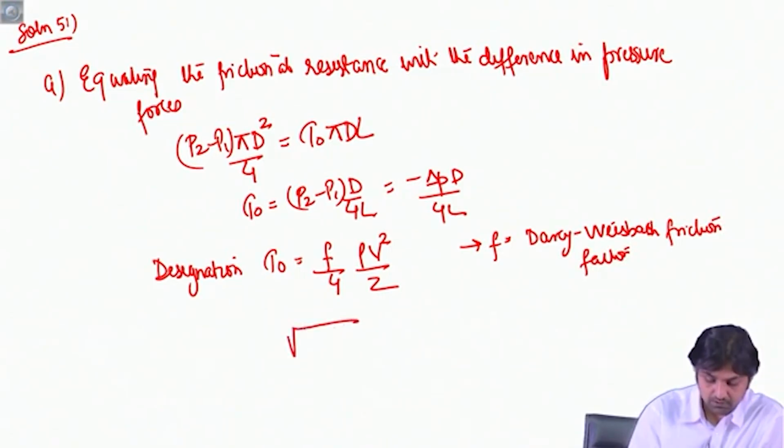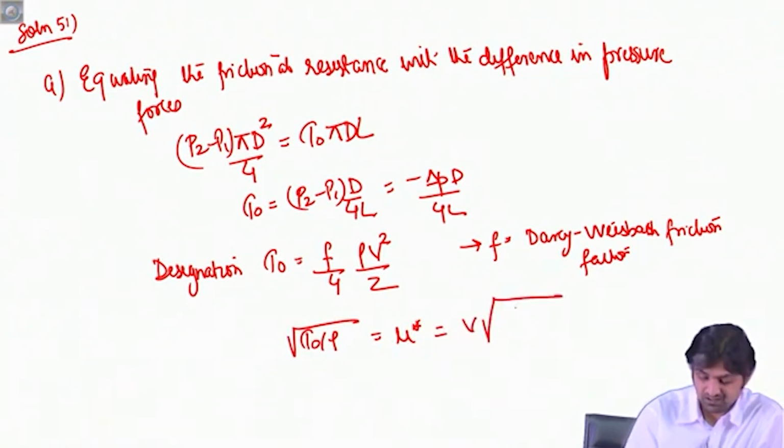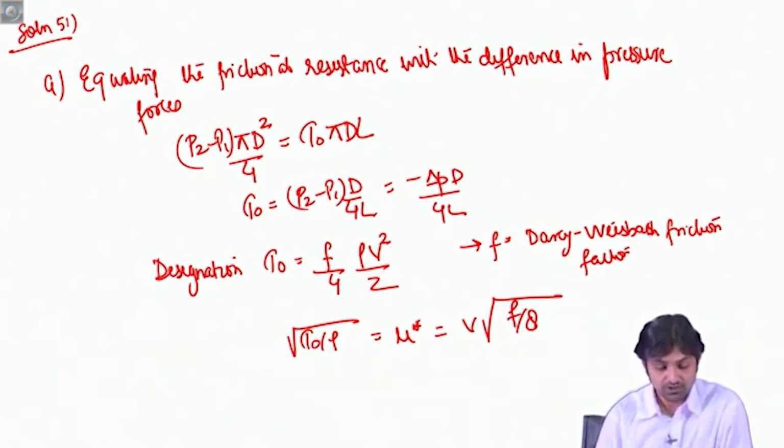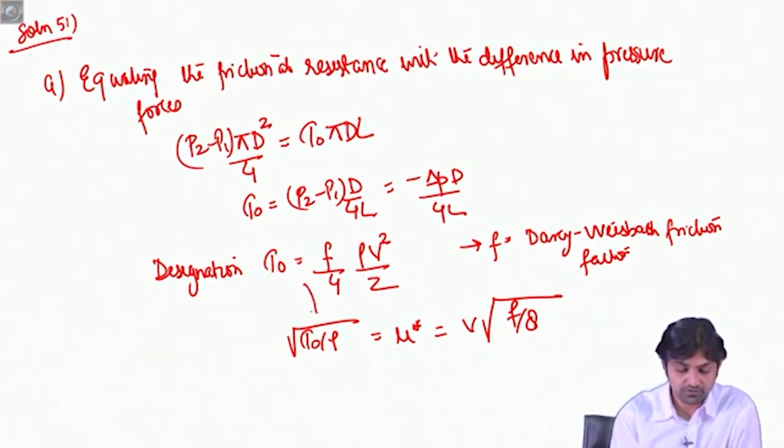So under root tau naught by rho is equal to u star is equal to V under root f by 8. Alright, this is how we get it from this equation.